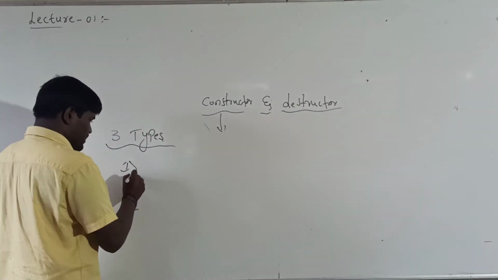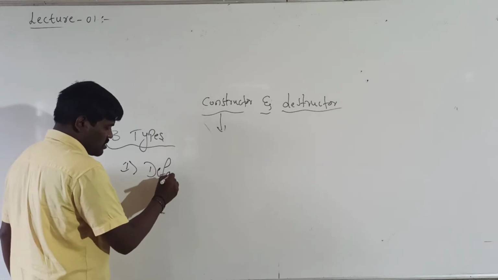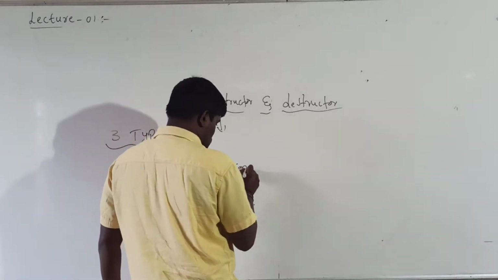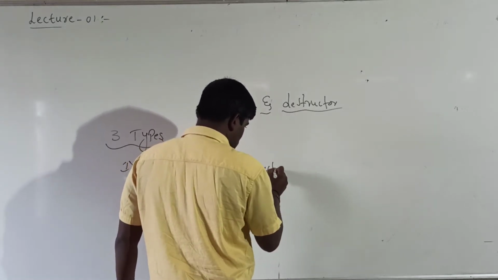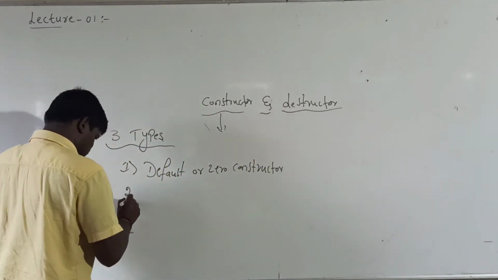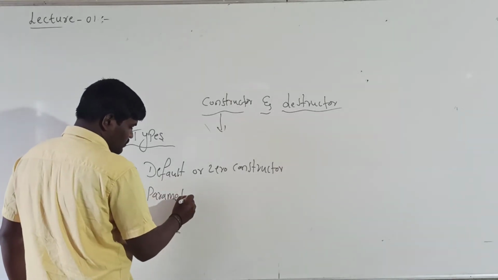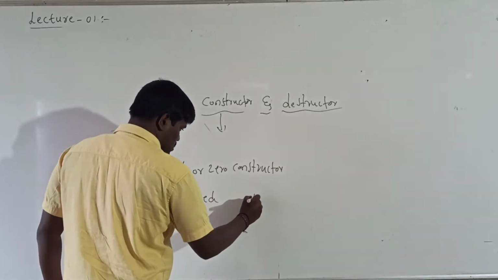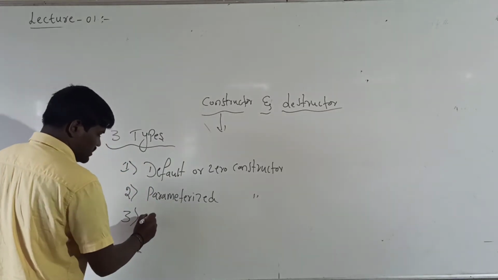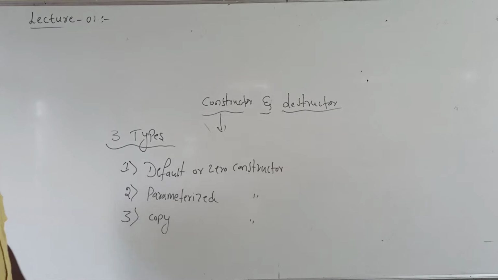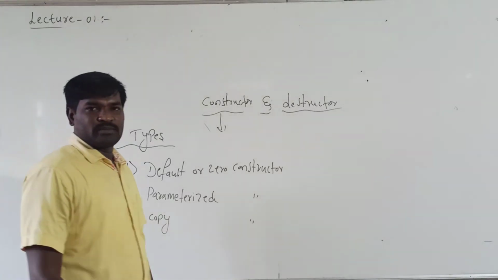The first one is default or zero constructor. The second one is parameterized constructor. The third one is copy constructor.